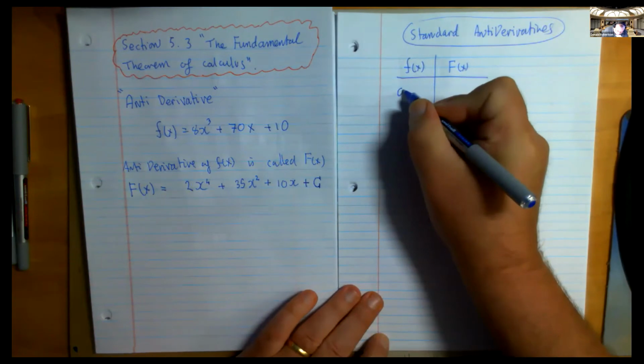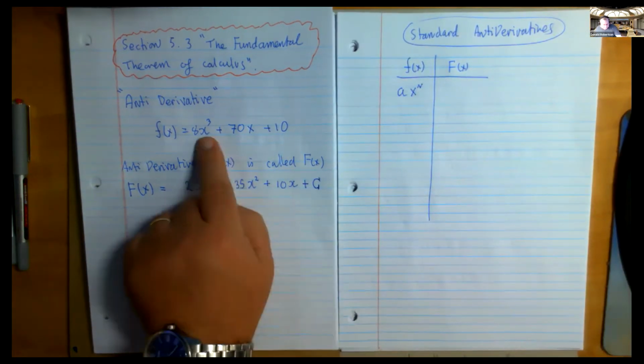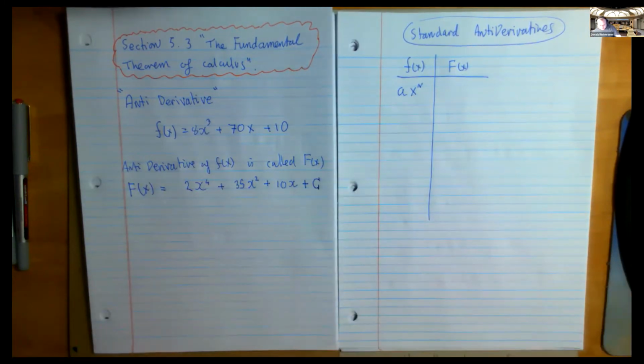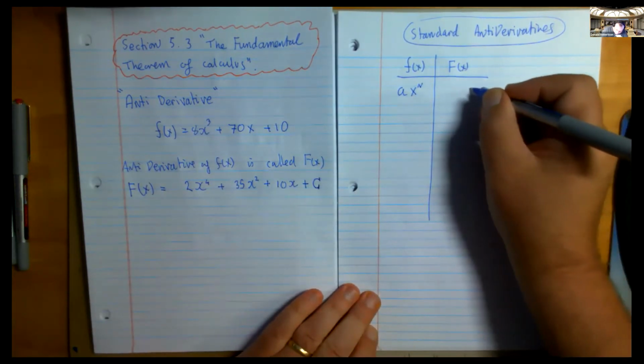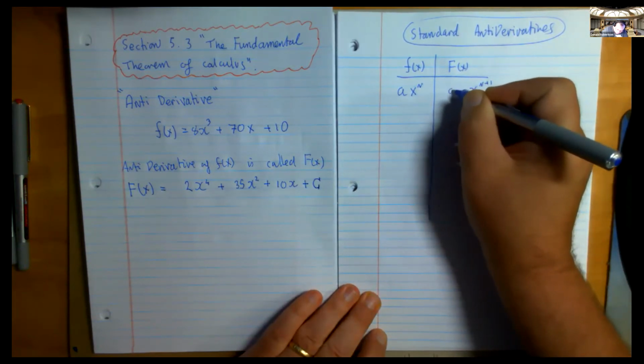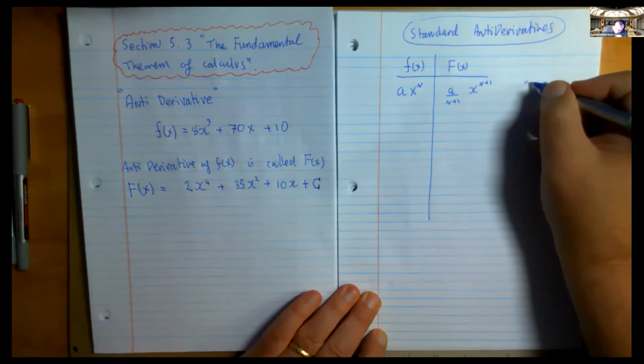If you have a function that is like 8x cubed or 70x squared, right? Ax to the n. Its antiderivative, you get it by adding 1 to the power and dividing by the new power. That's sometimes called the power rule.